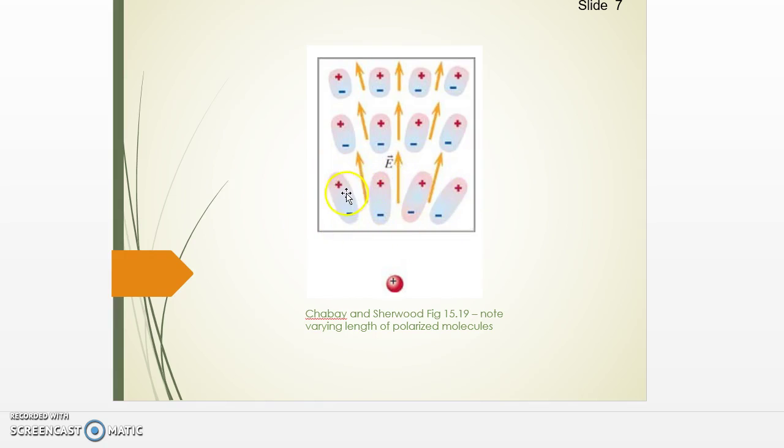So the polarization is greatest closer to the external charge, and then it's gradually tapering off through the material. So there we have a representation of the gradient in polarization, and that's really good. I really like that, and it's something I want to use in my own notes.